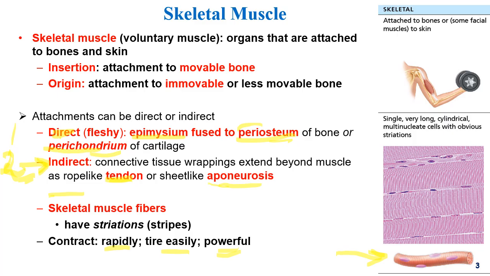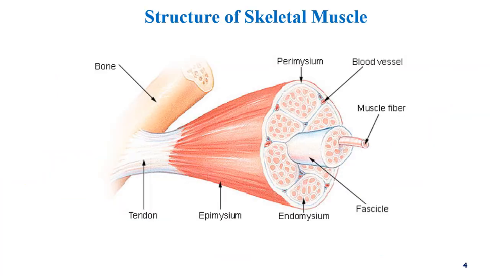Okay. All right. So here, macrostructure of your skeletal muscle. Here you see a bone. So here we see that you have this type of fiber that connects to the outside of the muscle.